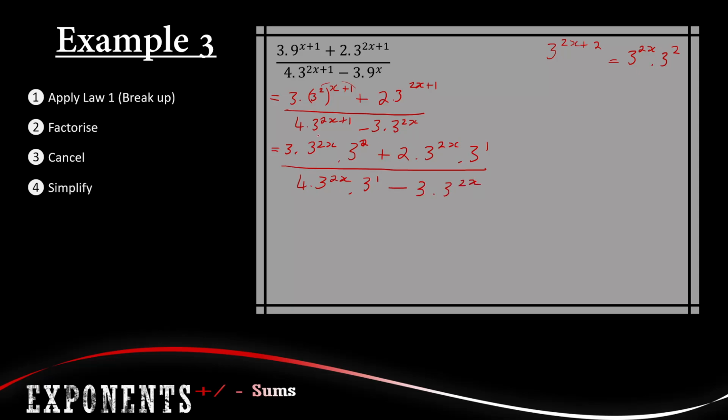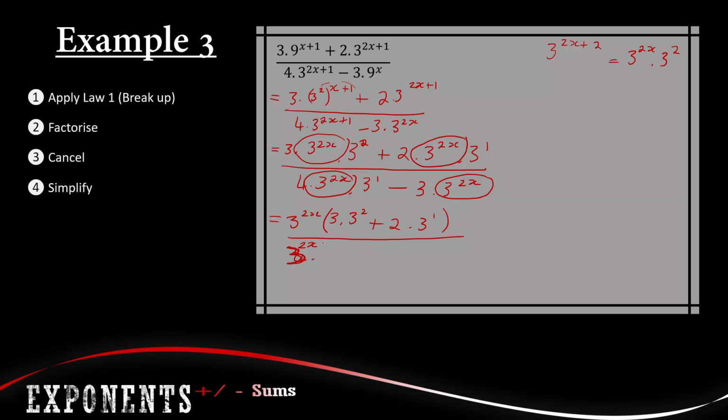Okay, next we are going to factorize out the 3 to the power of 2x in each of these terms. There's one, and there's one. So if I take that out, we get 3 to the power of 2x, and then we just write down what's left. So we have 3 times 3 to the power of 2 plus 2 times 3 to the power of 1, all over 4 times, oh sorry, that first comes out, 3 to the power of 2x first comes out.